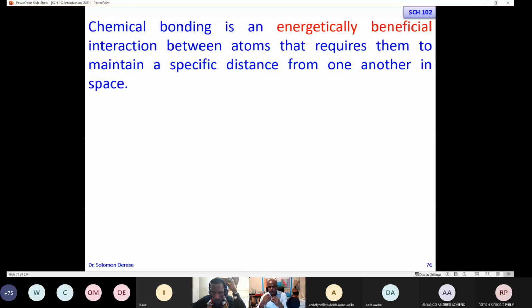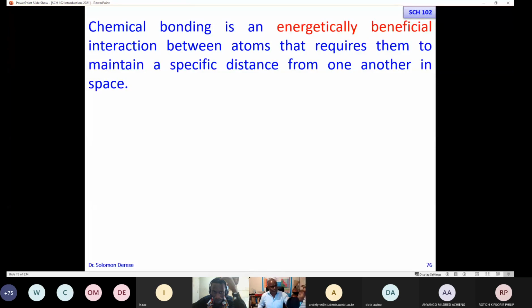For example, let us visualize how two individual hydrogen atoms can form a chemical bond with each other.